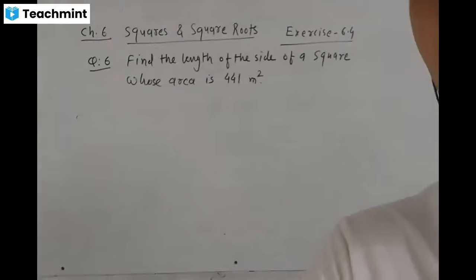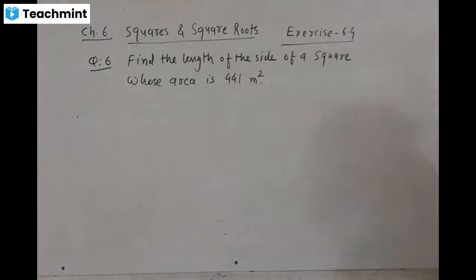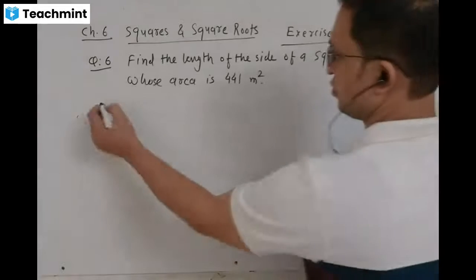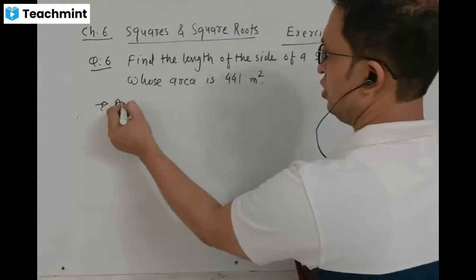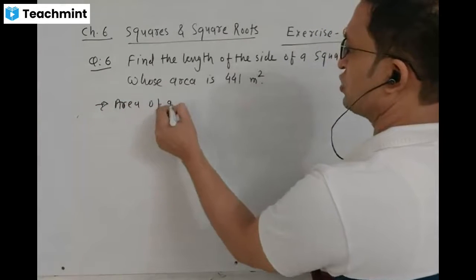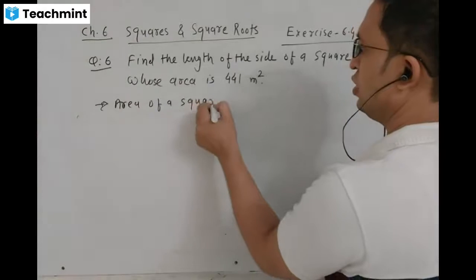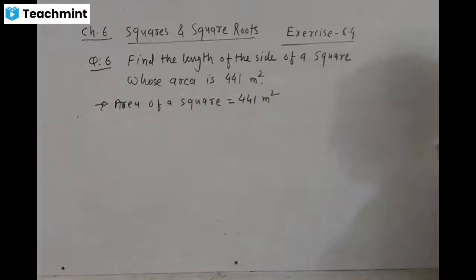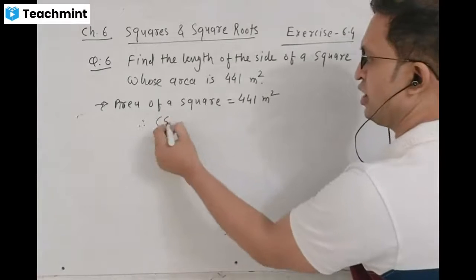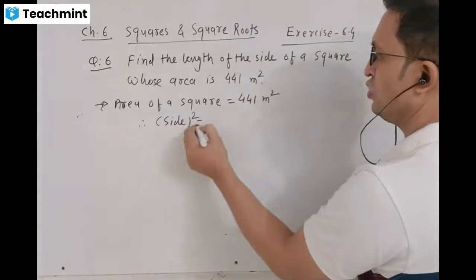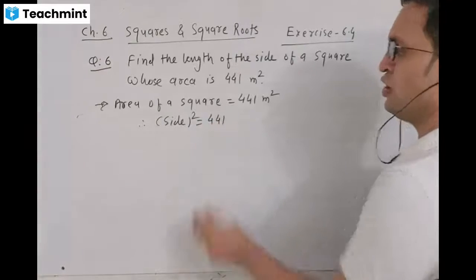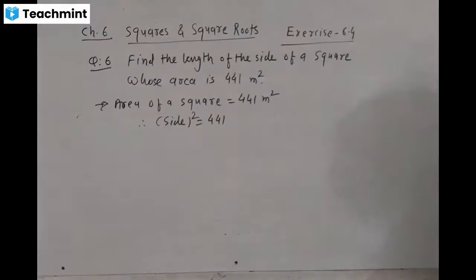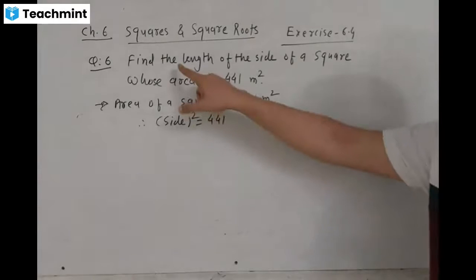What is the formula for the area of a square? The area of a square is equal to 441 square meters. The area formula is side squared, which is equal to 441 square meters, so side squared is 441. What do we need to find?